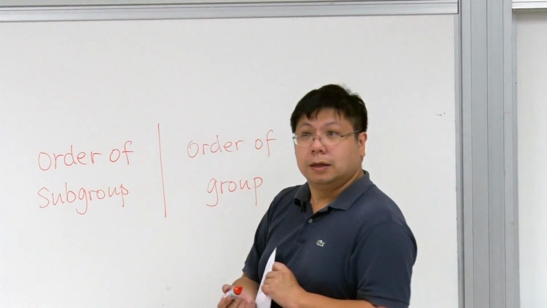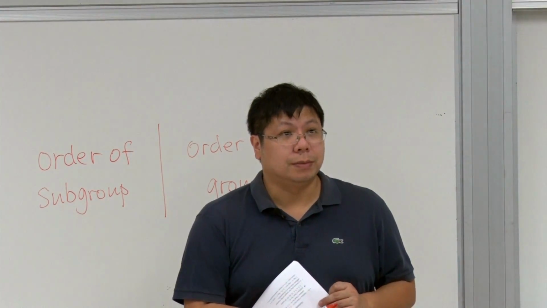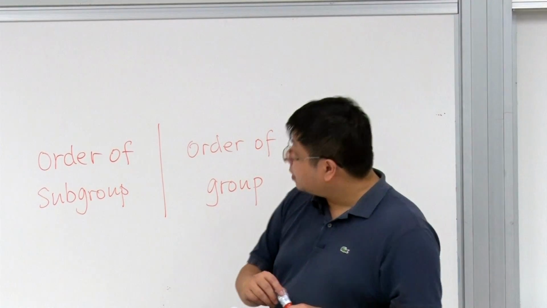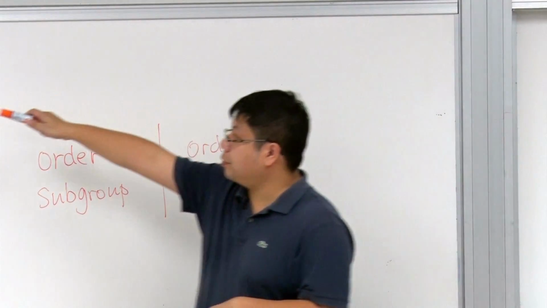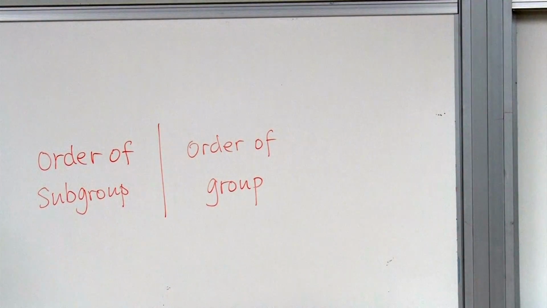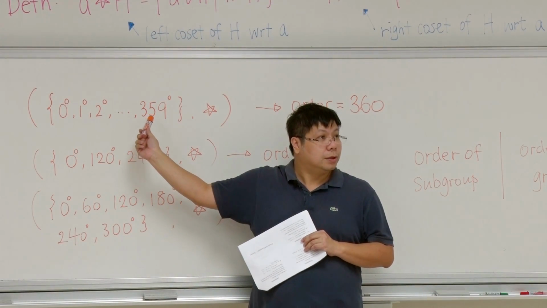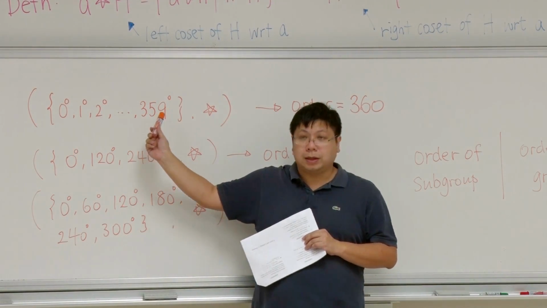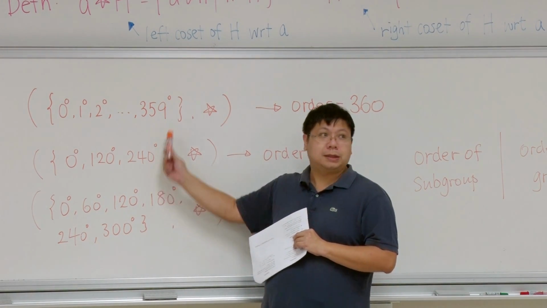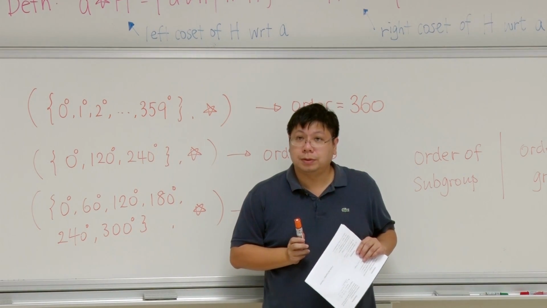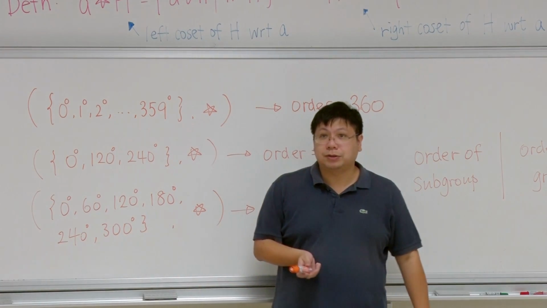This is Lagrange theorem. Lagrange says if the original group has finite size, then for any subgroup of this original group, the order of the subgroup must divide the order of the original group.